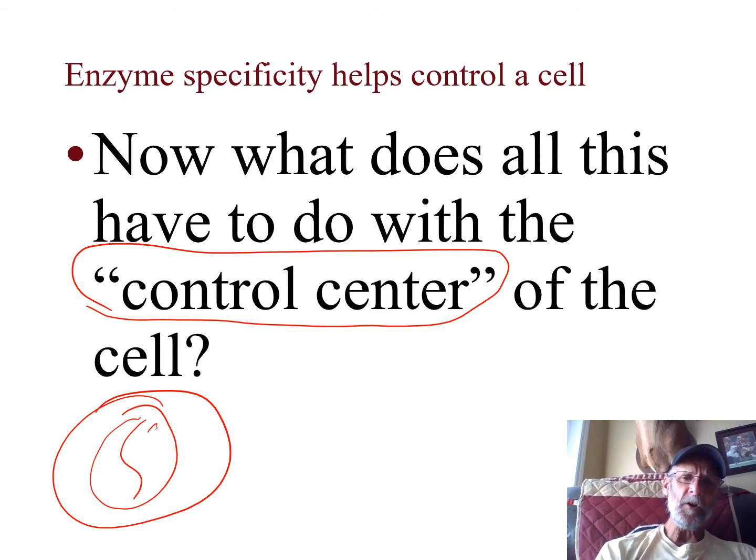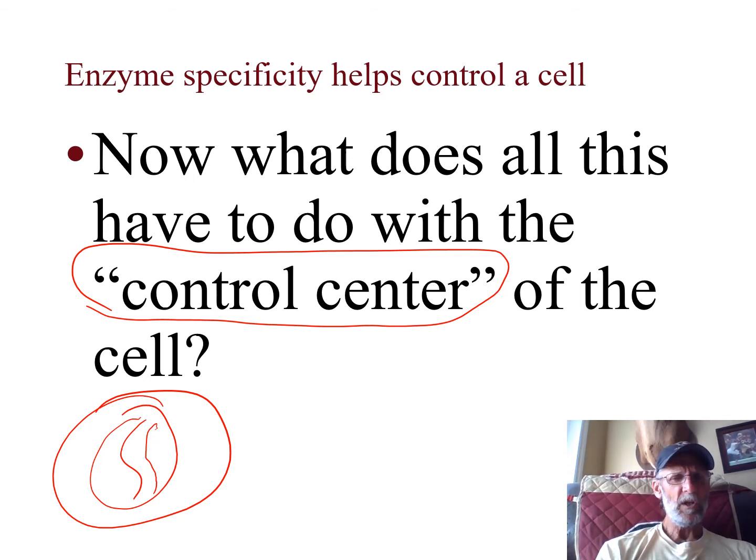What is found in the nucleus? This nucleic acid molecule called DNA, right? What does it do? Well, DNA is like a chemical recipe book. What's it a recipe for? Proteins, like the enzymes we're talking about.